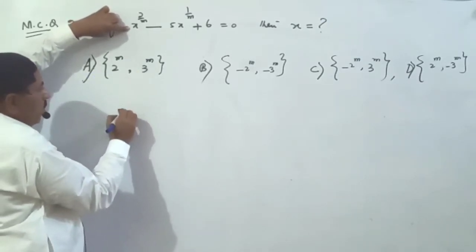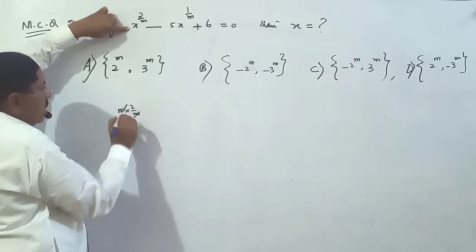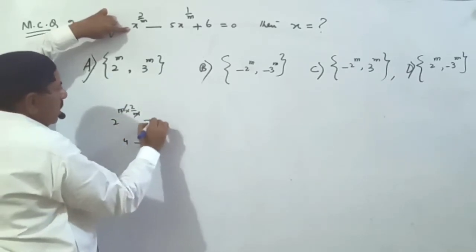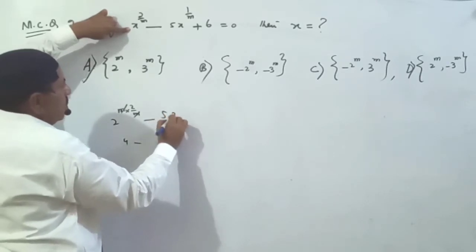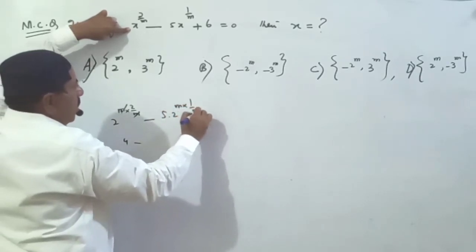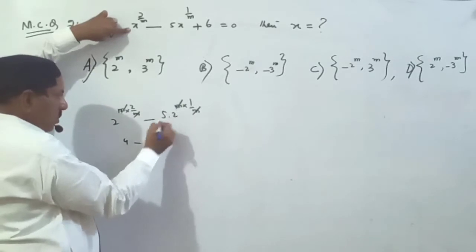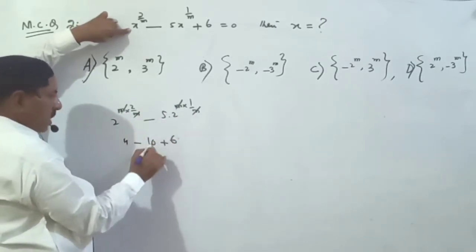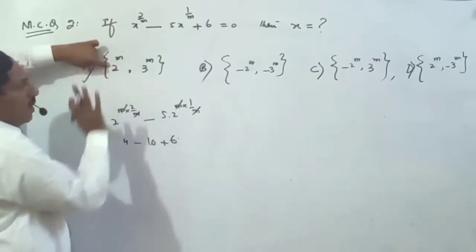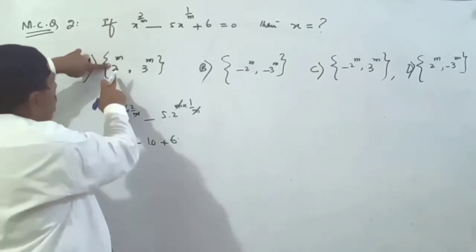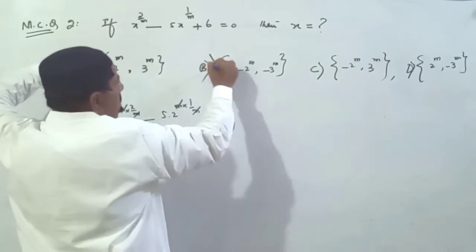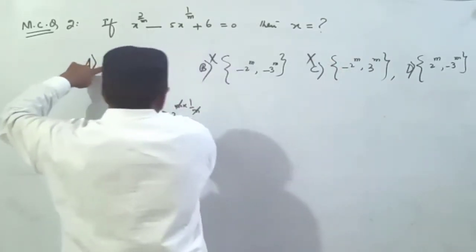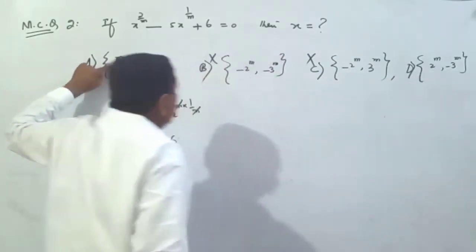So 2 power m into 2 upon m, m cancel, will be 2 square means 4, minus 5 into 2 power m into 1 upon m, m cancel means 2 into 10 plus 6. 6 plus 4 is 10, 10 minus 10 is 0. So 2 power m is correct. So 2 power m plus is correct. This will be negative wrong, minus 2 power m wrong. So either this will be correct or this will be correct.